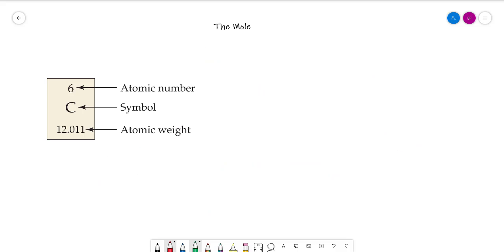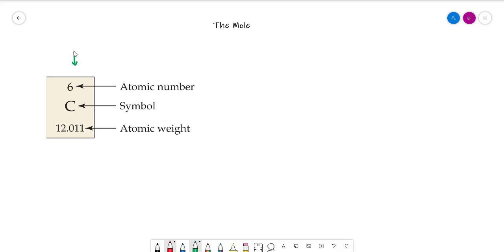Okay, so now that we can look at the periodic table and look at a particular element and identify its atomic weight, or the average weight of all of its isotopes on this planet, we can start to think about this other convenient unit of measure in the chemical sciences, and that's this thing called the mole.